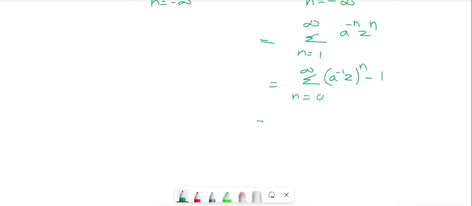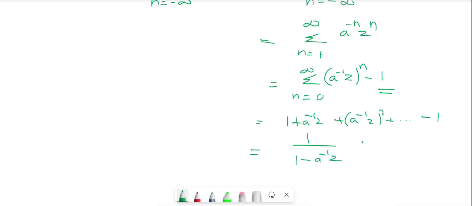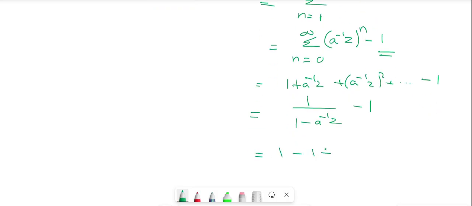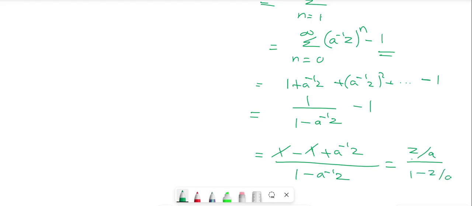So this can be written as 1 plus a inverse z plus a inverse z square plus and so on, minus 1. So this can be written as 1 by 1 minus a inverse z, minus 1. Simplify this: 1 minus 1 plus a inverse z divided by 1 minus a inverse z. The 1s will cancel, so you will get z by a divided by 1 minus z by a.